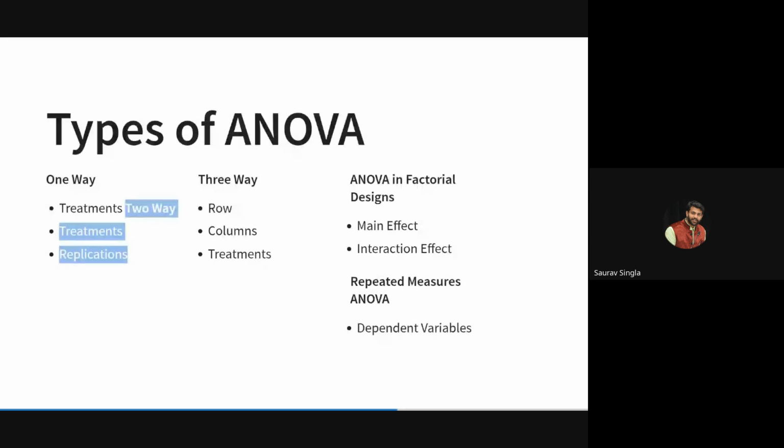there is an experiment in which there are five groups of people. Okay, five groups of humans.